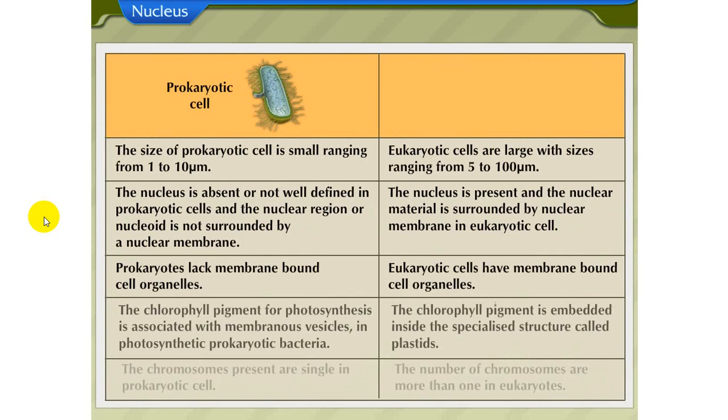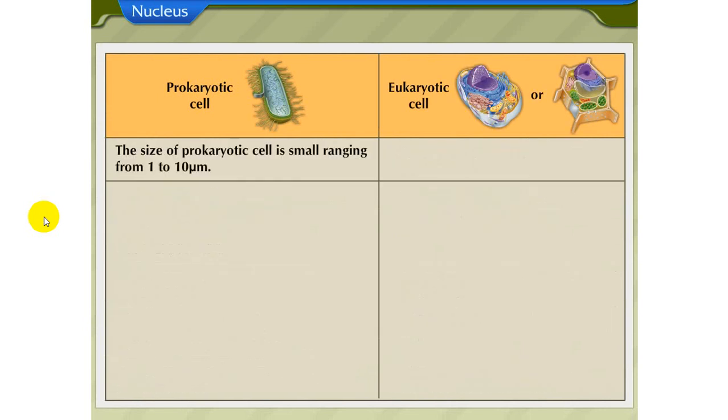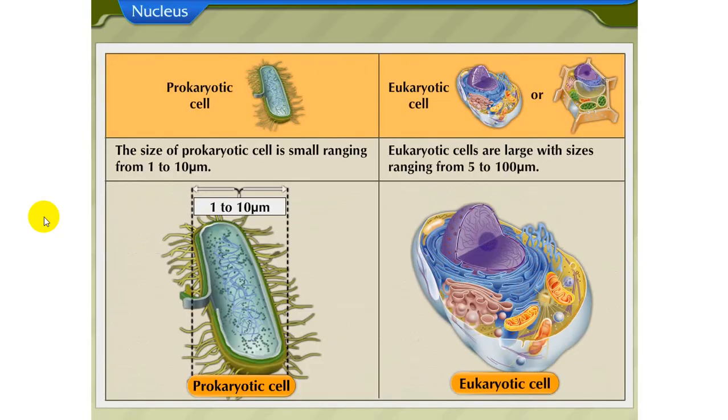Let us study some differences between prokaryotic and eukaryotic cells. The size of prokaryotic cells is usually small, ranging from 1 to 10 micrometer. But eukaryotic cells are generally large, with sizes ranging from 5 to 100 micrometer.